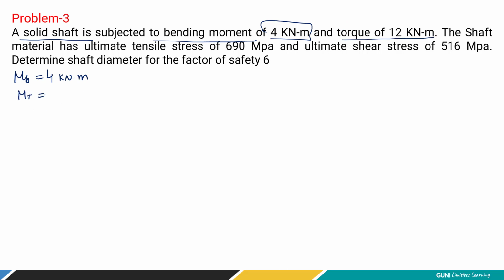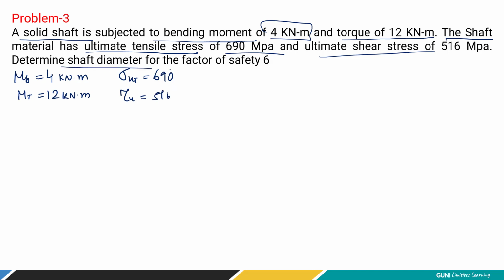The shaft material has an ultimate tensile stress of 690 and an ultimate shear stress of 516 megapascal. Determine the shaft diameter, and the factor of safety given is 6. So here the factor of safety is given as 6.